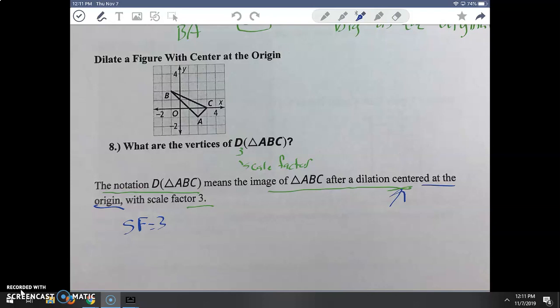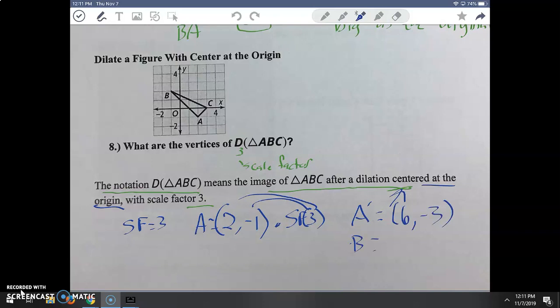So you have A, which is 2, -1. We're going to take this and multiply it by the scale factor, which is 3. We're basically just distributing, so your A prime is going to be 6, -3.